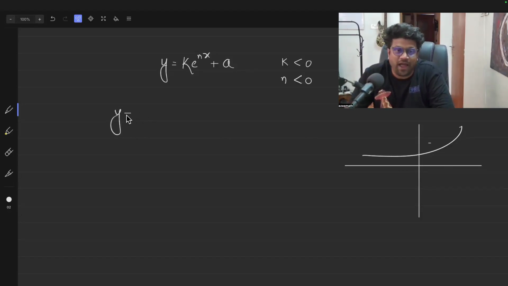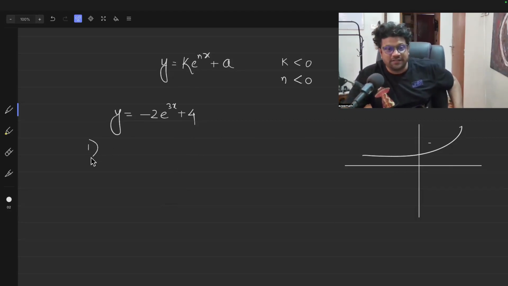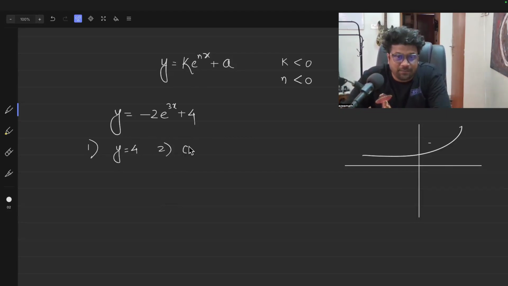Let's take some example. y equals negative 2, I'm taking k as a negative number here, e to the power of 3x plus 4 maybe. The same thing: first, we'll locate the horizontal asymptote. It's going to be y equal to 4. Second, x-intercept. The x-intercept is when y is 0.